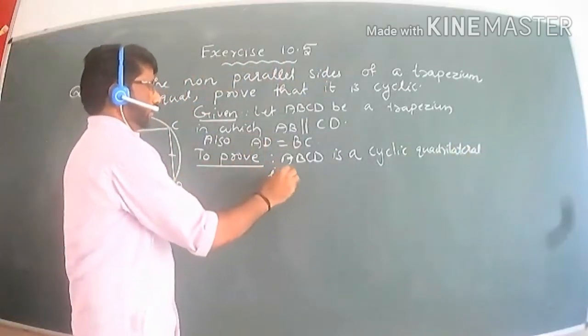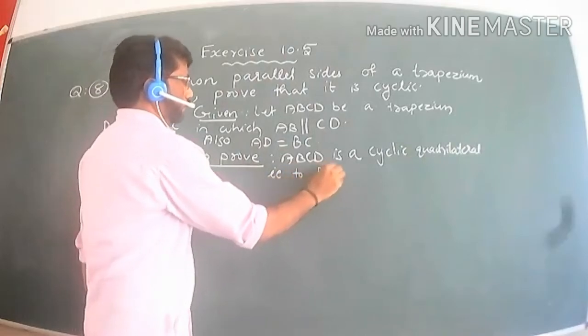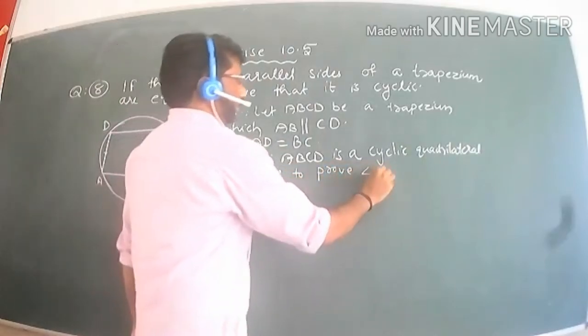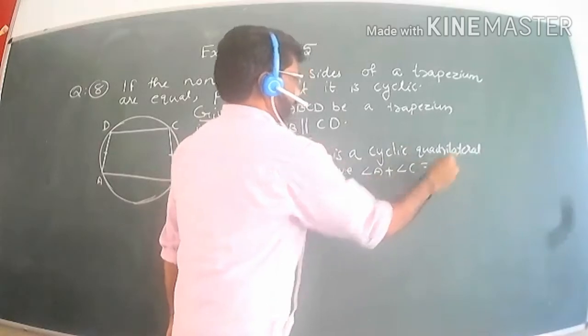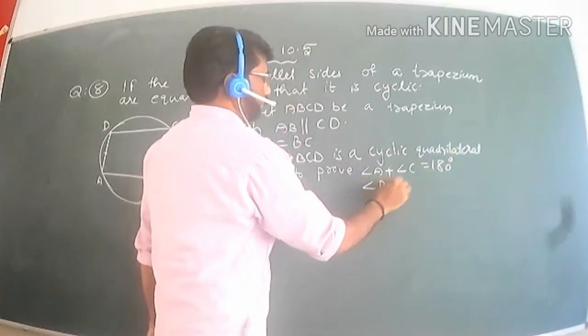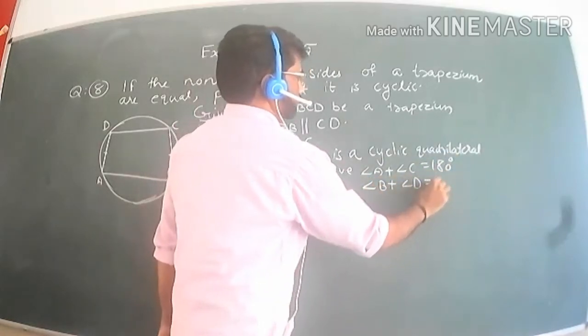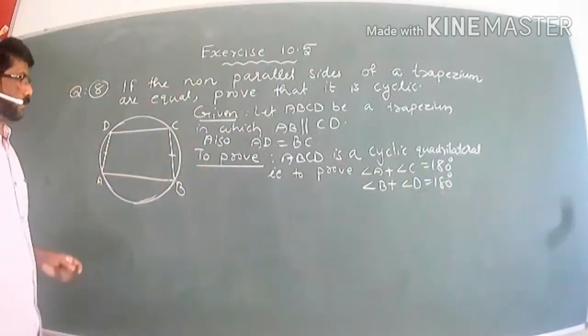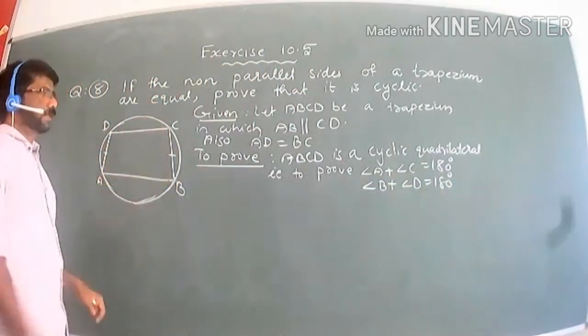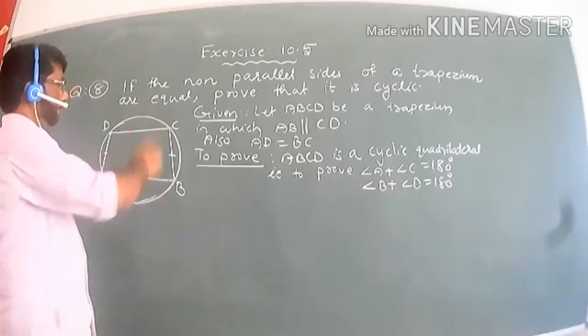That is to prove angle A plus angle C equal to 180 degree, angle B plus angle D is also 180 degree. These things we have to prove. So for proving we need a little construction.